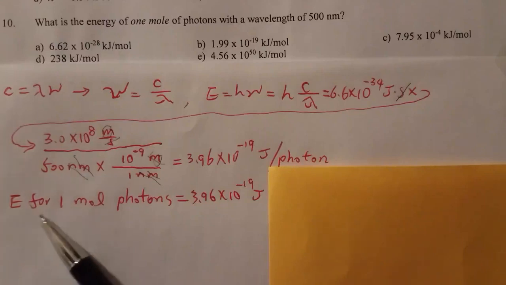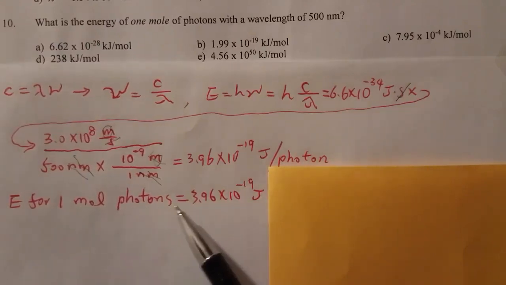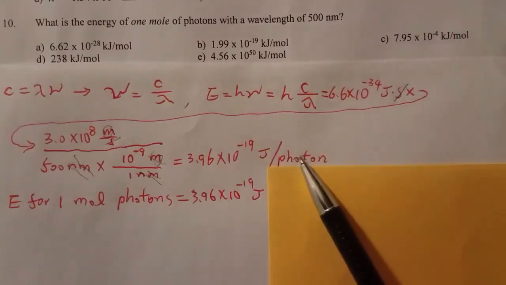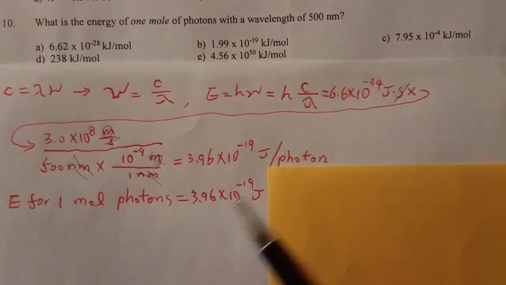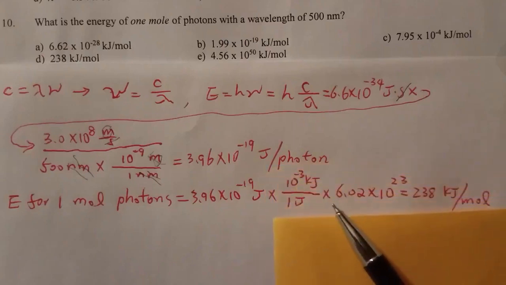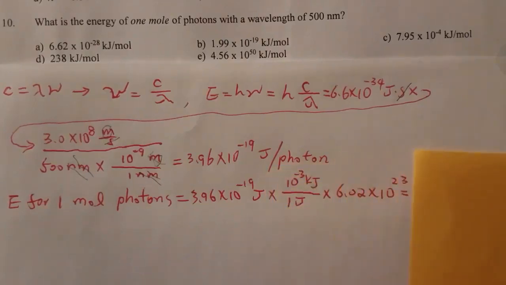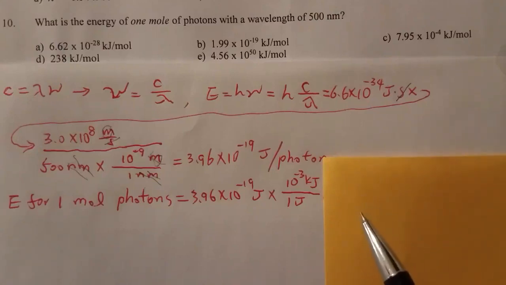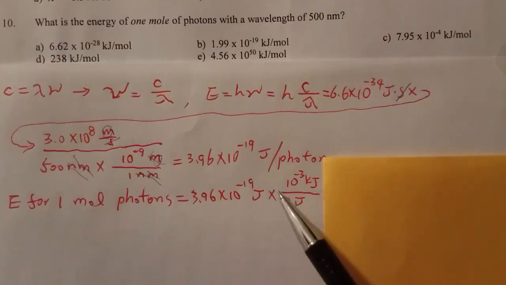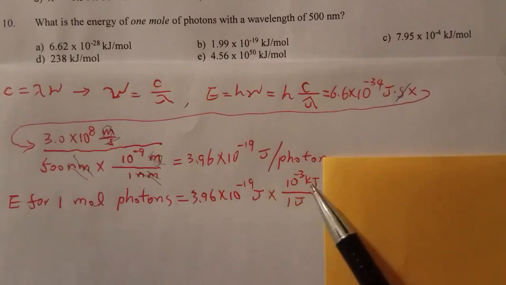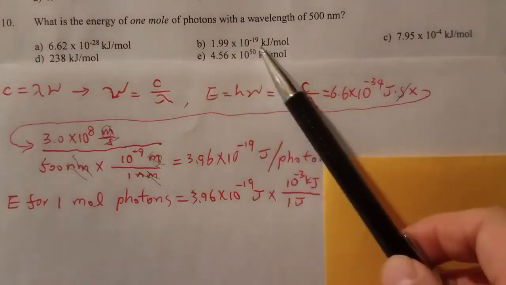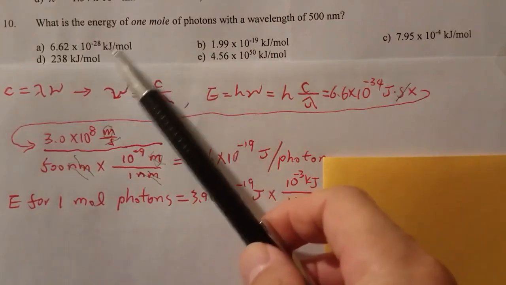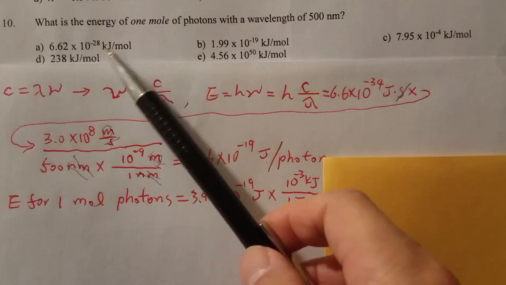Now let's calculate the energy for 1 mole of photons. We take the energy for 1 photon, then times the Avogadro number. Before I multiply by the Avogadro number, I also converted from joules to kilojoules. Why? Because I spotted in the answer choices that the units are kilojoules per mole, not joules per mole.